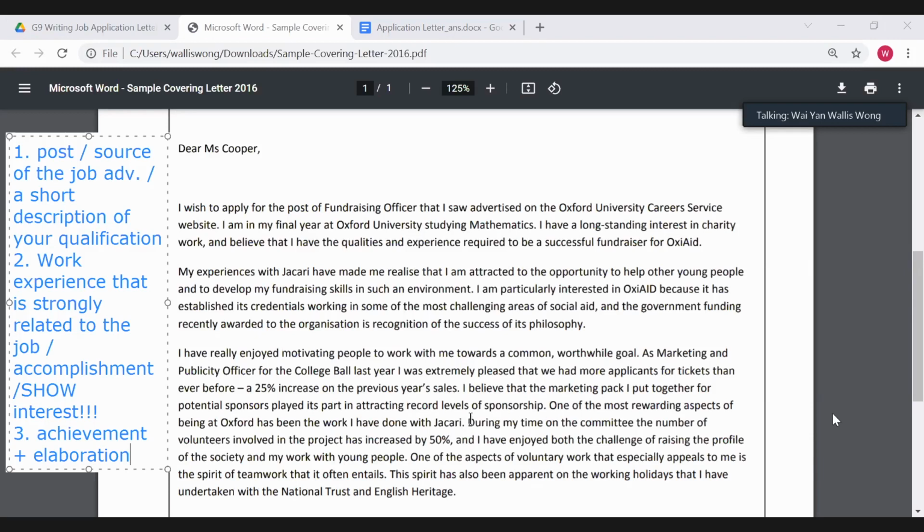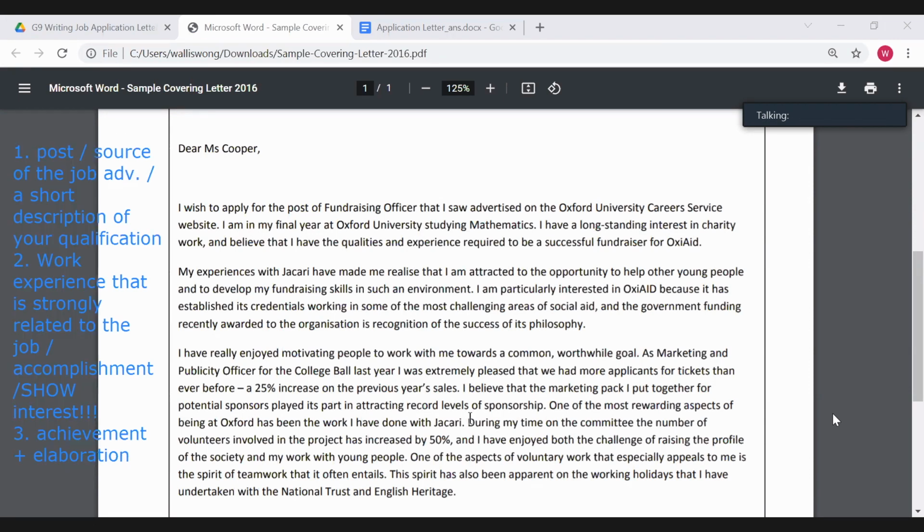For example, here, during my time on the committee, the number of volunteers involved in the project has increased 50%. So that is one of the achievements. And I have enjoyed both the challenge of raising the profile of the society and my work with the young people.